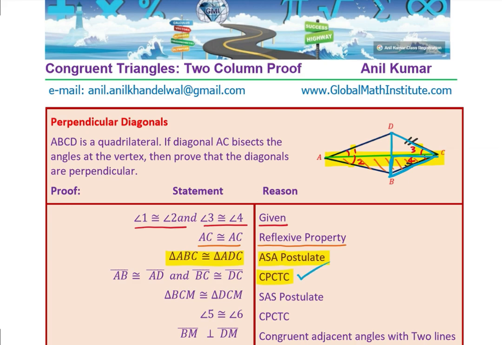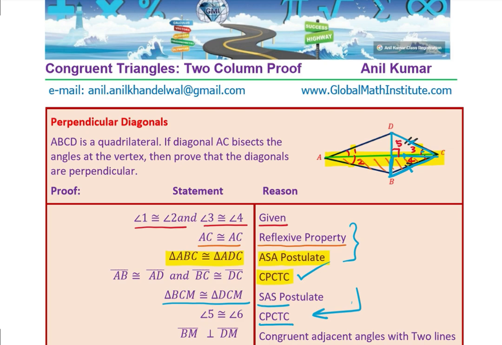Once we have that these sides are congruent, the other two triangles, triangle BCM and DCM, are also congruent using SAS: side, angle, and the common side. So you can fill in the lines, side, angle, side, for congruency. Now using CPCTC, these angles will be congruent.